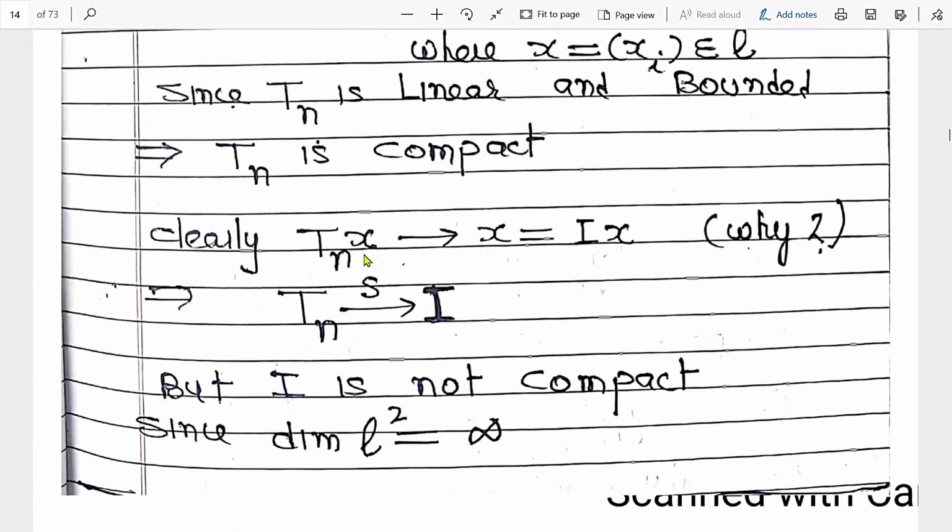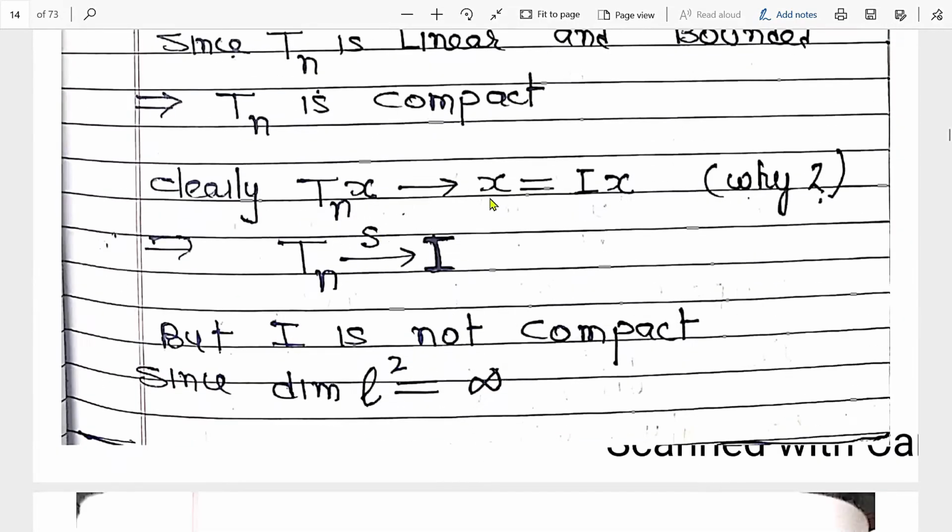So it means Tn x approaches x when n approaches infinity. So it behaves as Ix. It means this operator is strongly convergent to I.